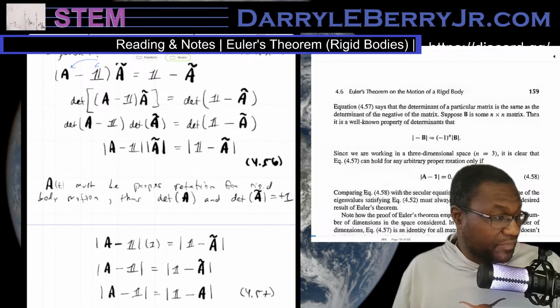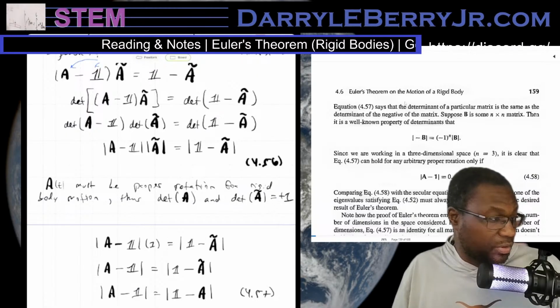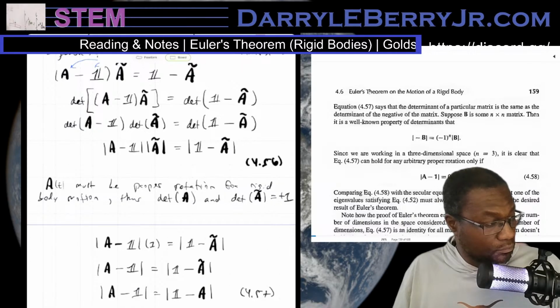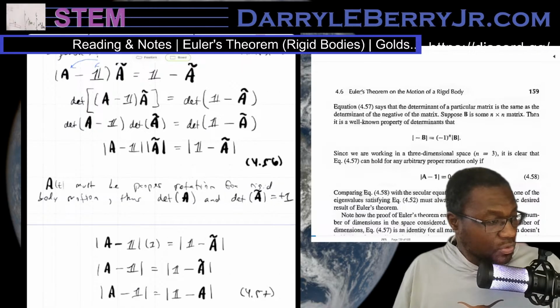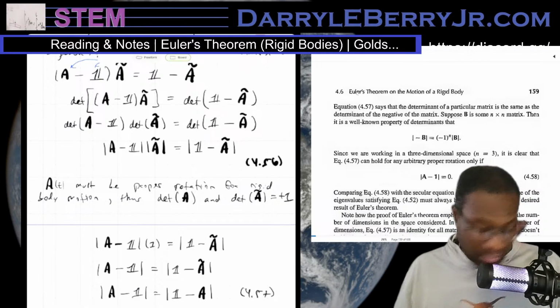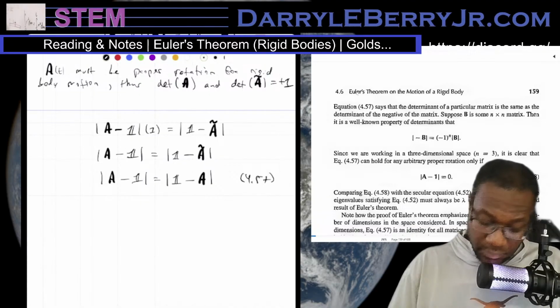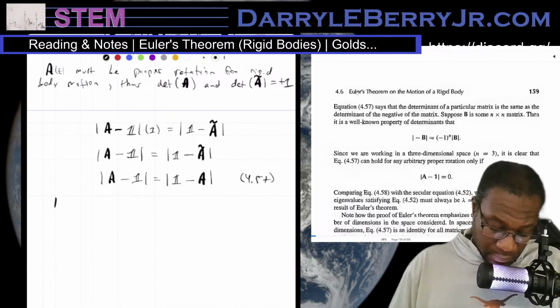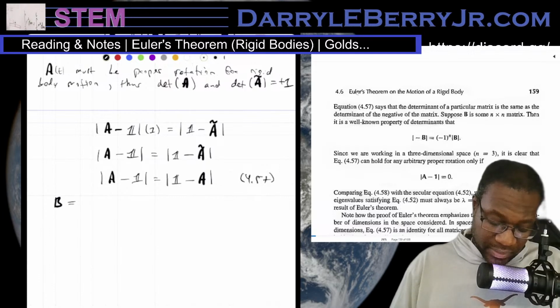Equation 4.57 says that the determinant of a peculiar matrix is the same as the determinant of the negative of the matrix. Suppose B is some n by n matrix. Then it is a well-known property of determinants that we have, A is defined as n by n.